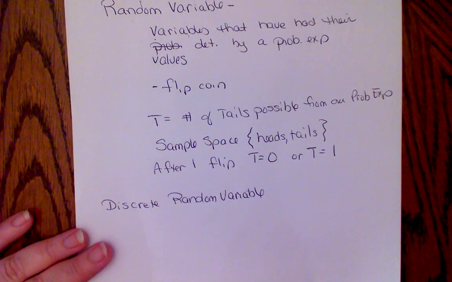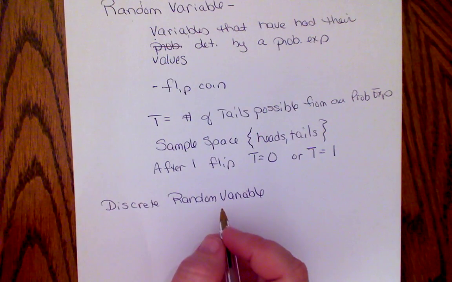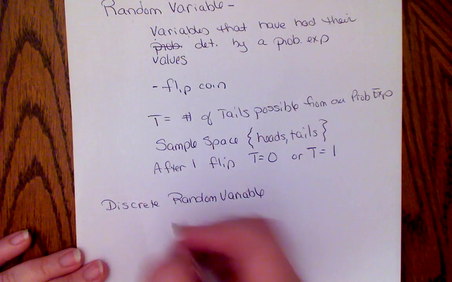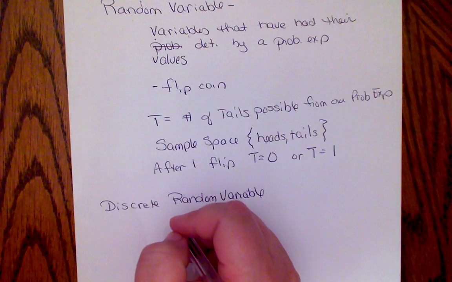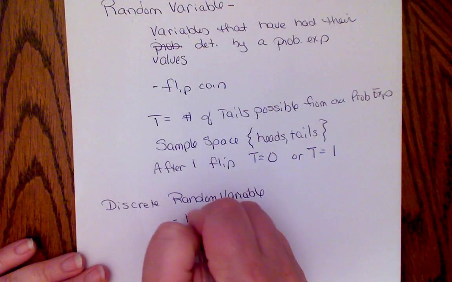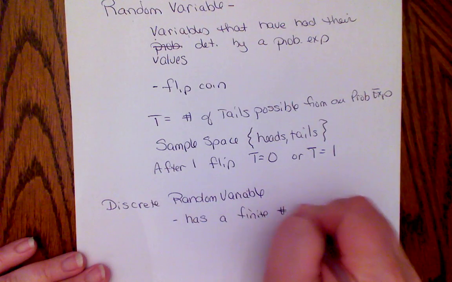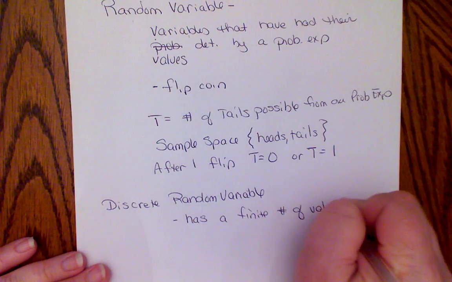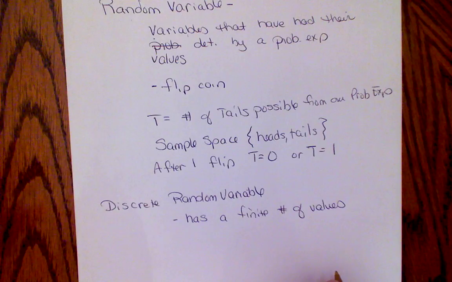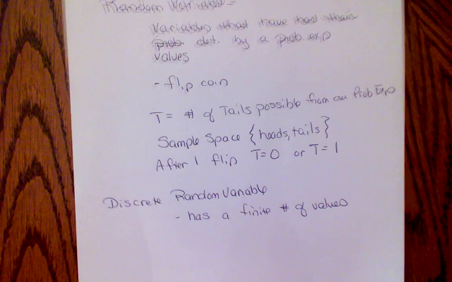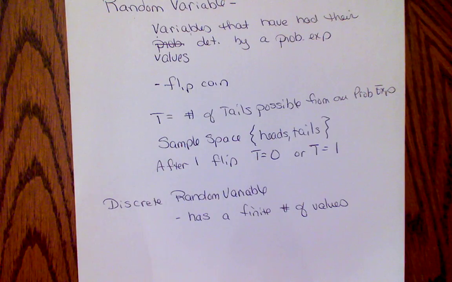A discrete random variable is simply a variable that has a finite number of values. Sometimes I refer to this like they're whole numbers, like the number of people.